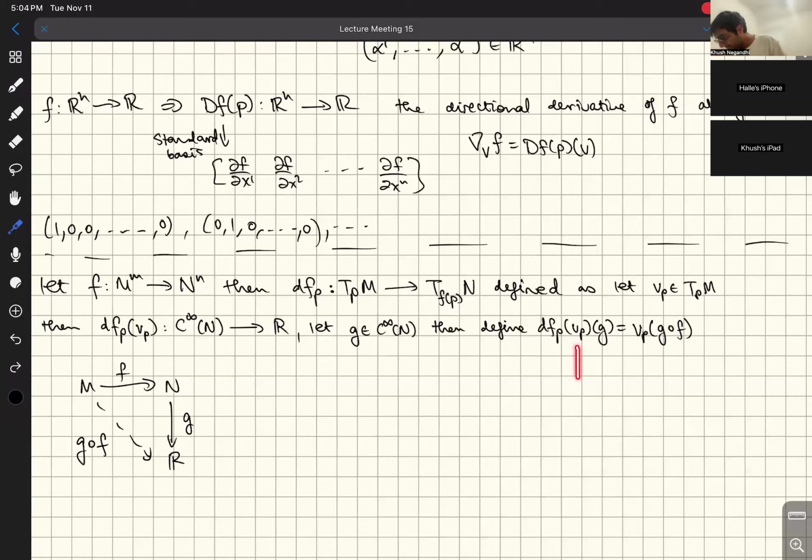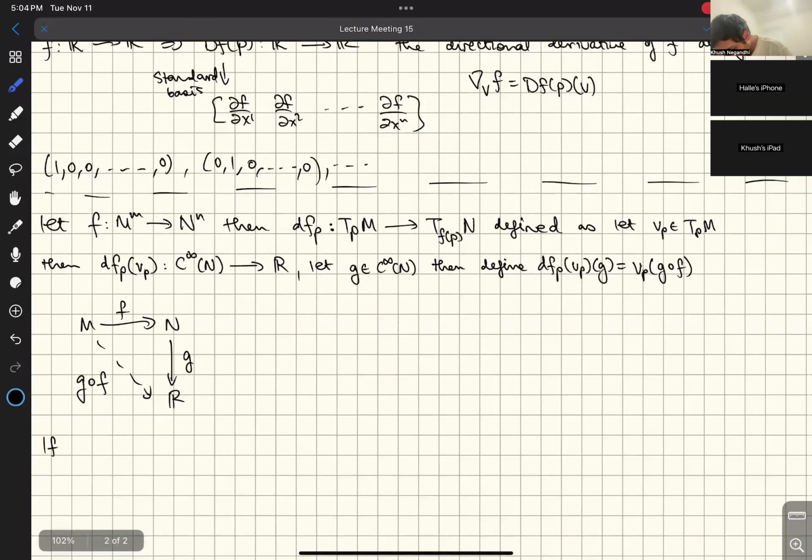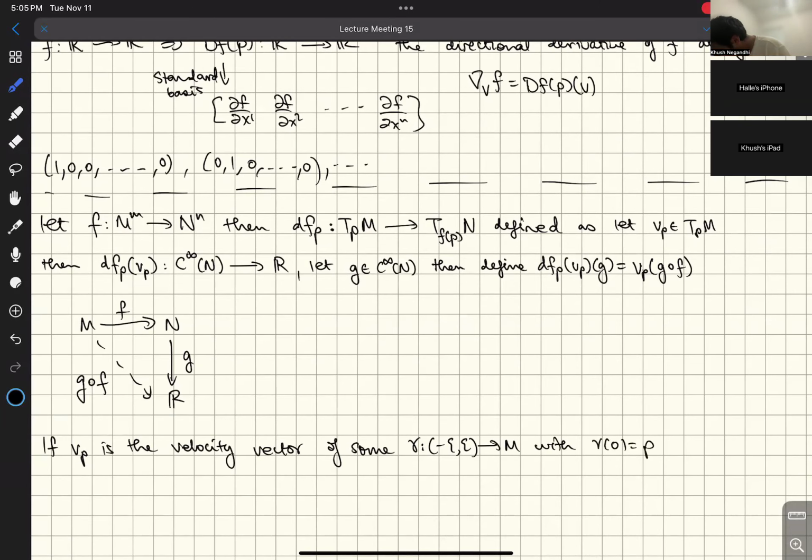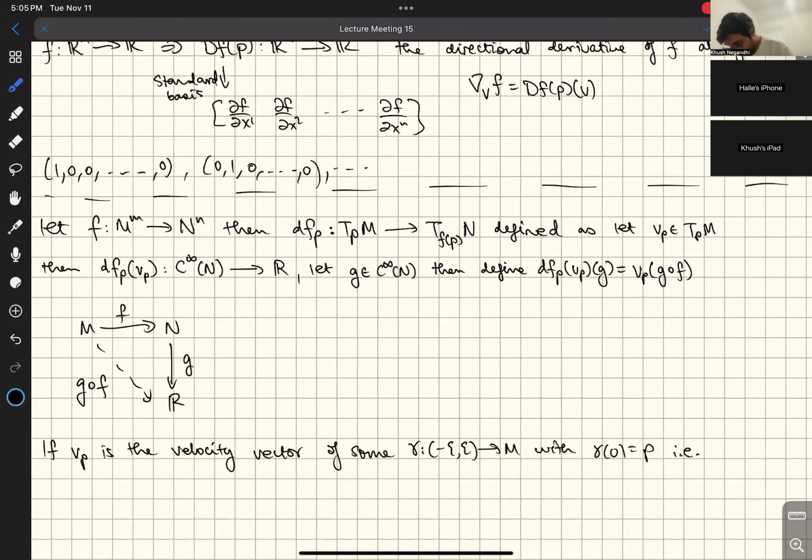If we say that Vp is the velocity vector of some curve gamma, and what I mean by this is that Vp of f is the same thing as d by dt at t equals 0 of f of gamma.